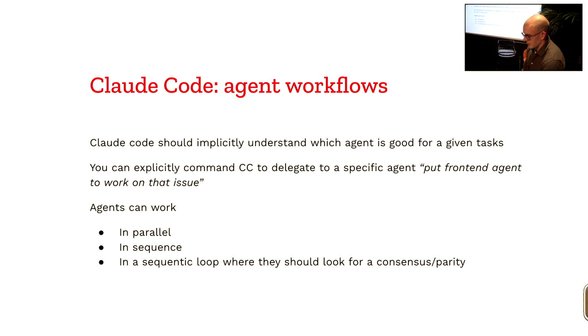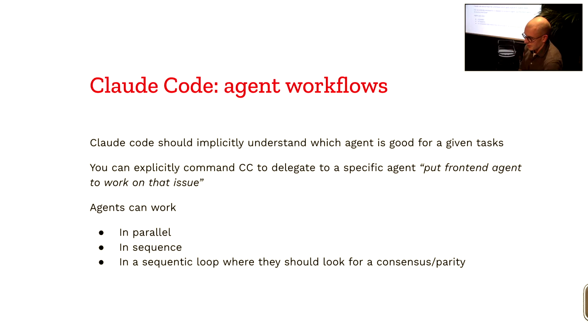Next, after this, I'll show a demo of sorts. It's screenshots because of the nature of LLMs and the waiting time. But Claude Code should implicitly understand which agent is good for any given task I tell it to. But also I can explicitly command Claude Code to delegate any work to these specific agents.